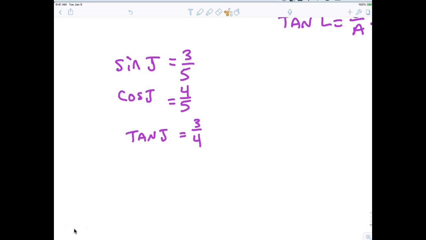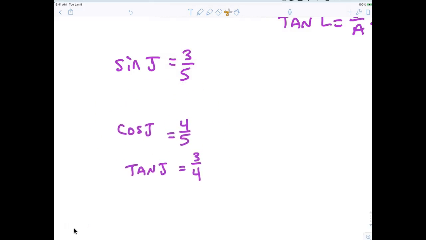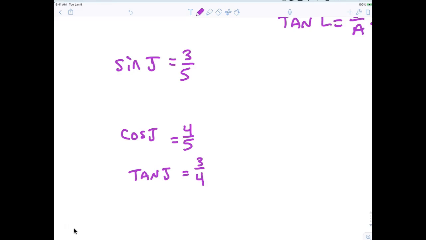So in order to solve this, this is not sine times j. It's what angle has a sine of 3/5. That's what the question is. What angle has a sine of 3/5?